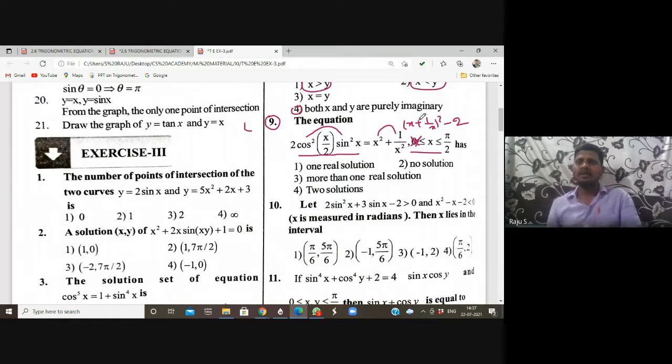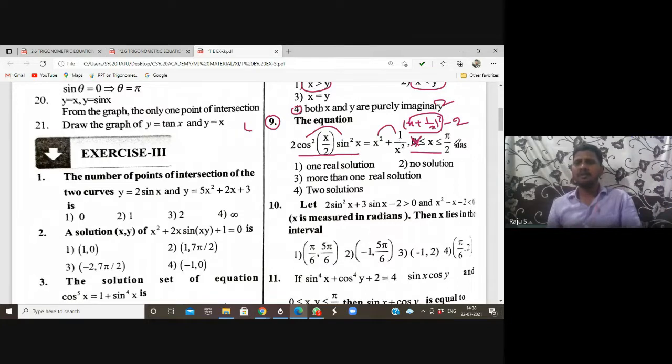But the right side is x plus 1 by x the whole square minus 2. So what is the minimum value of this? It should be 2.